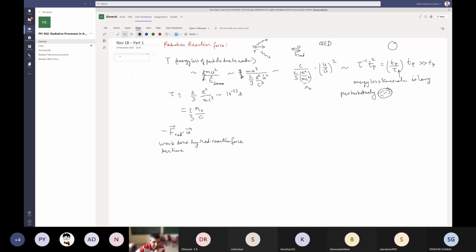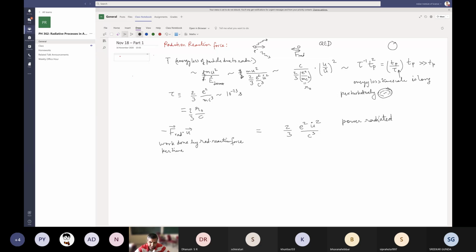And we know that this has to be equal to the power that's radiated out per unit time, which we know is 2/3 e squared u dot squared by c cubed. So this is nothing but the power radiated.